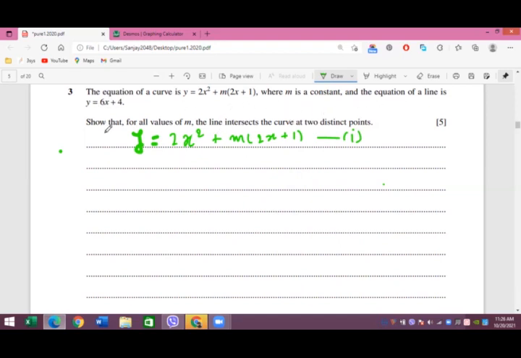This is a curve, and the equation of a line is given as 6x plus 4, and you can call this equation 2. We have to show that for all values of m, the line intersects the curve.